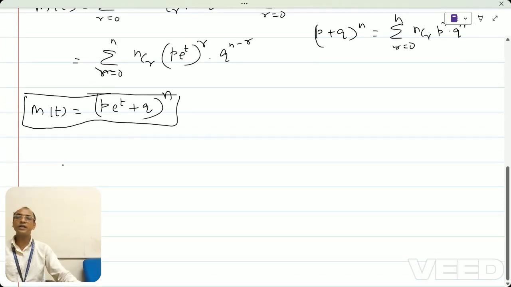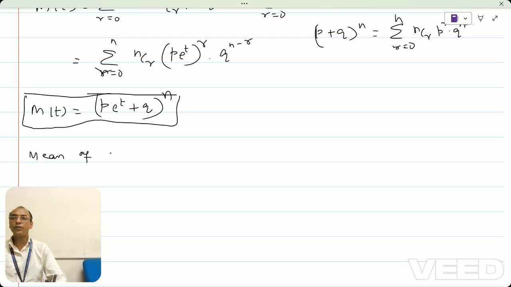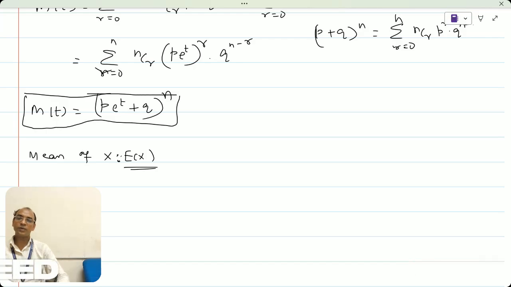Now once after getting the MGF, we will try to find mean and variance. So mean of X, we denote it as expectation of X. Now expectation of X is nothing but M dash of t at t equal to 0.